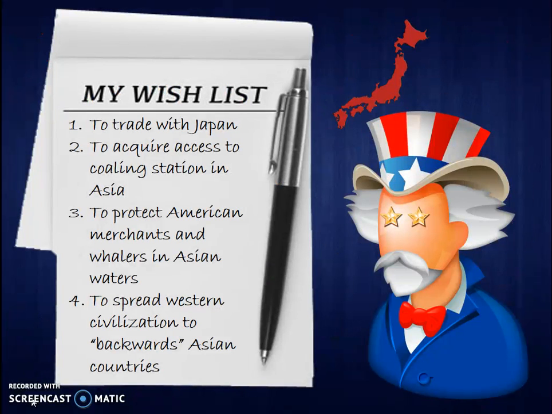Now, the United States is looking at East Asia, and they have a few interests. They want to be able to trade with Japan. They're also now developing their own navy and their own trading plans, and this required refueling. If you think about going on a long car trip with your family, you need to stop periodically for gas, you need to stop periodically to rest, to eat something, to relax.